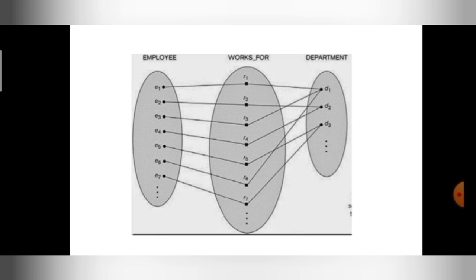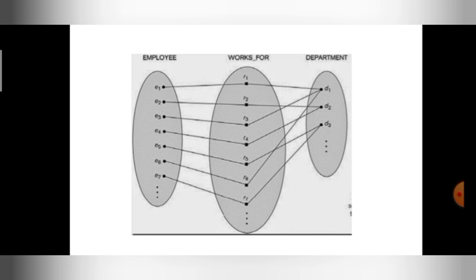You can see there employee 1 works for department 1. In the same way employee 2 works for department 2, employee 3 works for department 1, and employee 4 works for department 2. And one more important thing, the employees can work for more than one department also.